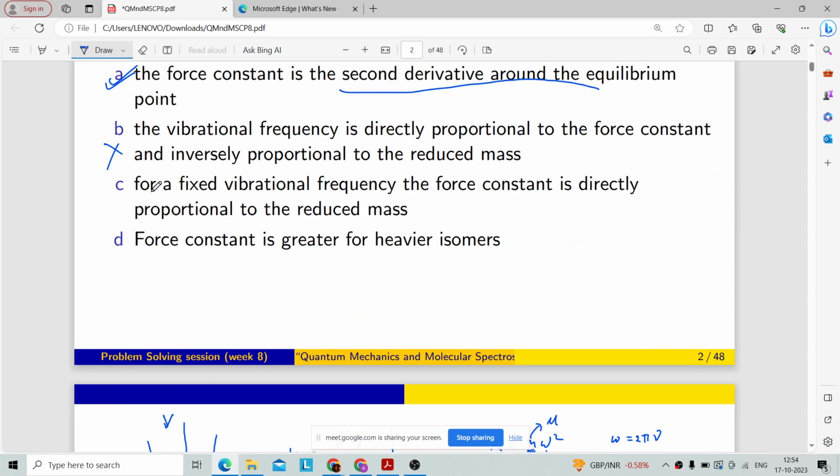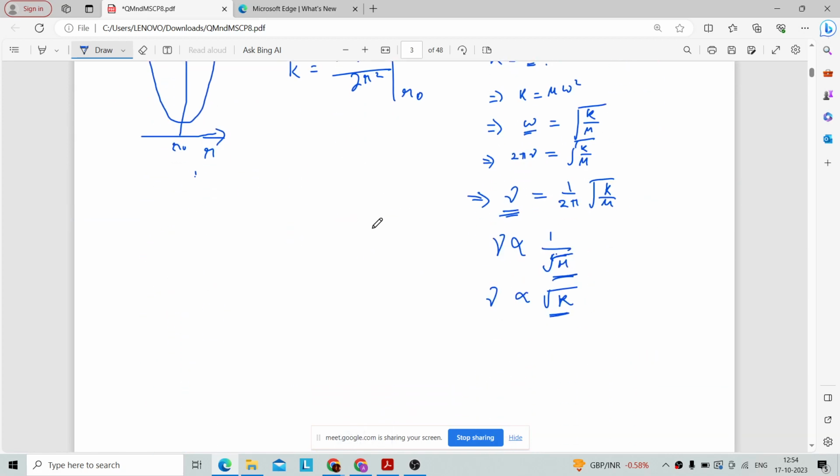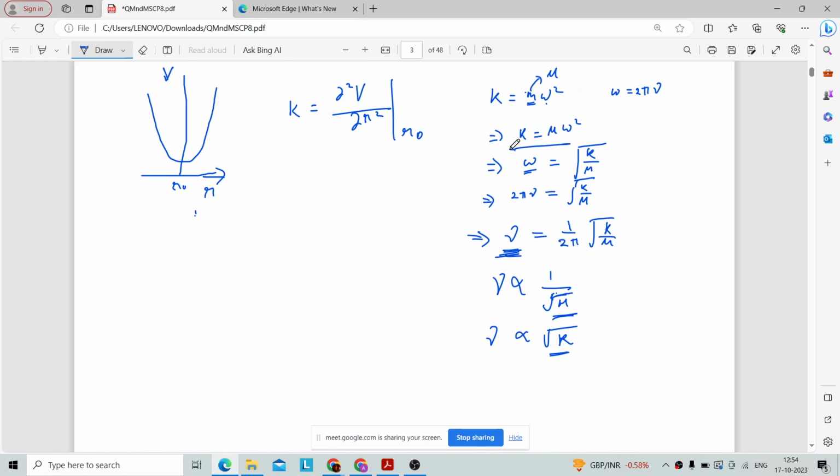Okay, for the third point, for a fixed vibrational frequency, the force constant is directly proportional to the reduced mass. Now we can see from this relation, for fixed frequency, k is equal to mu times omega square, or mu times 2 pi nu whole square.